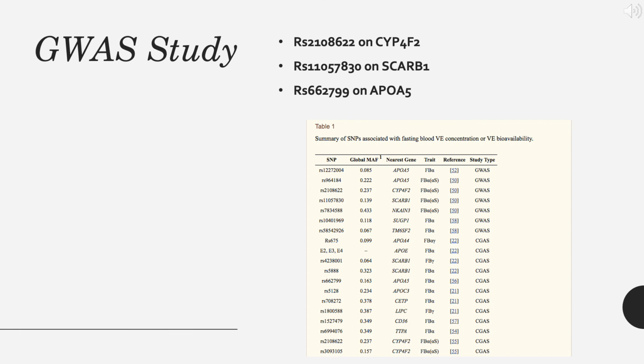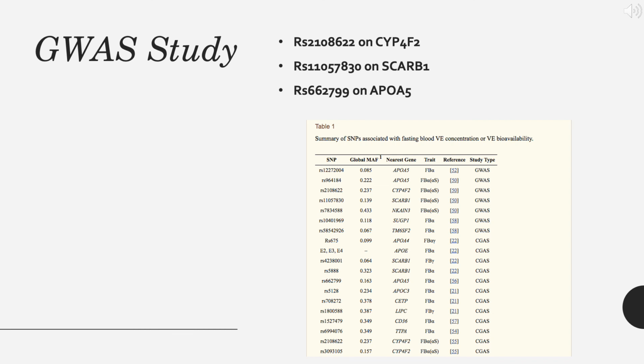And these genes make sense because the CYP4F2 gene encodes a cytochrome that catabolizes vitamin E. The SCARB1 gene encodes a plasma membrane receptor that takes up vitamin E. And then the APOA5 was one of the genes in a cluster where that SNP was found, but the other 2 genes in the cluster had no role in vitamin E production, and APOA5 is concerned with triglyceride levels.